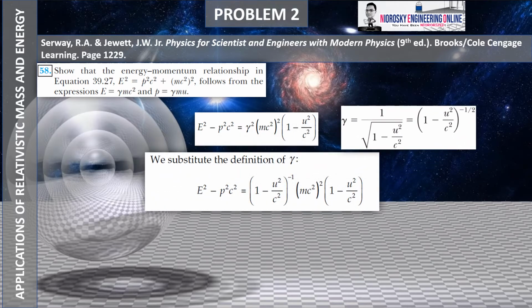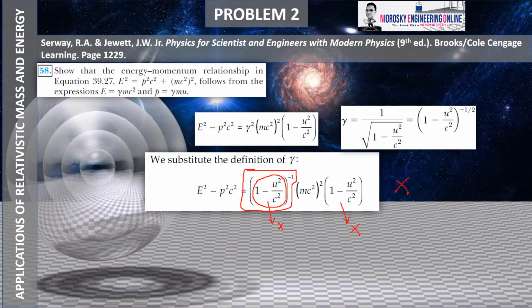Now, it's easy to understand that when we multiply, notice that, let's say 1 minus u squared over c squared is the value x.